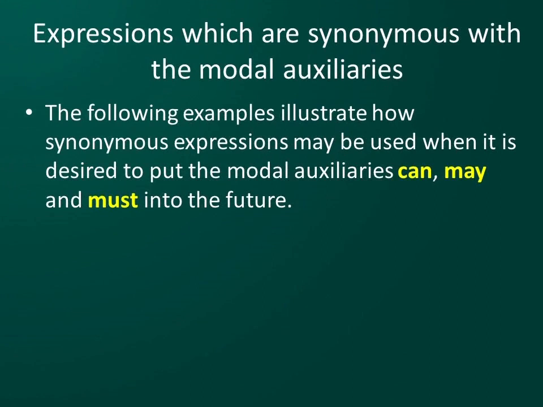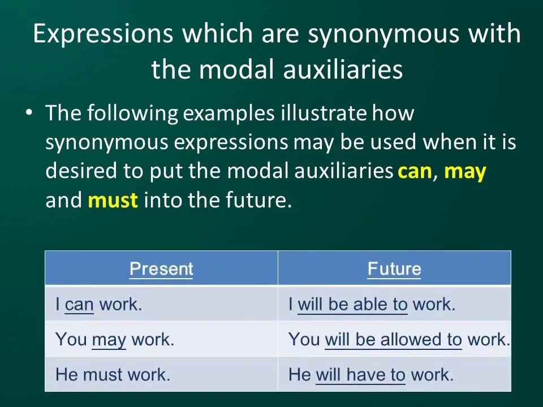The following examples illustrate how synonymous expressions may be used when it is desired to put the modal auxiliaries can, may and must into the future. I can work. I will be able to work. You may work. You will be allowed to work. He must work. He will have to work.